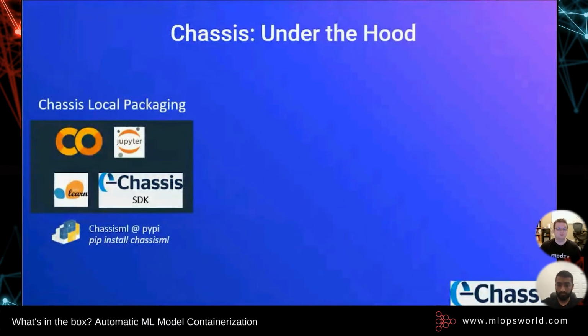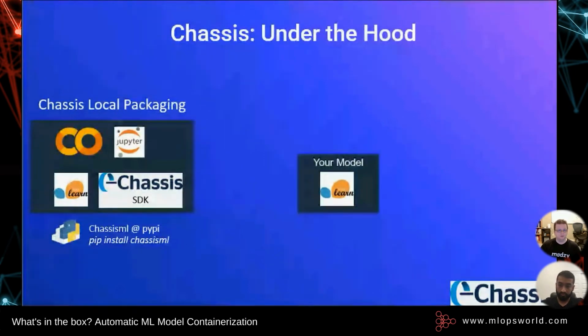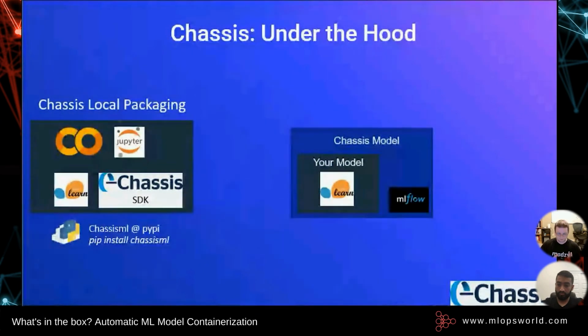You have a model of some sort, and in our case, we actually built that model, but it could be a model that you've previously built under some other paradigm, and you take that model, you load it into your code, right? The Chassis SDK then looks at your model along with that process function that you created and wraps your model in what we call the chassis model sitting there in the Jupyter notebook.